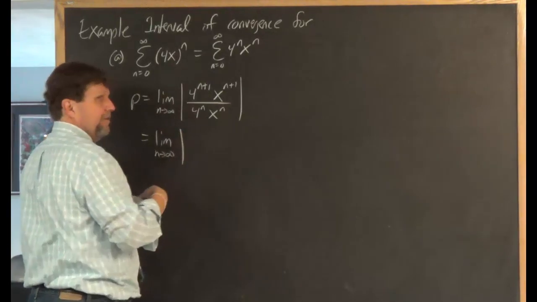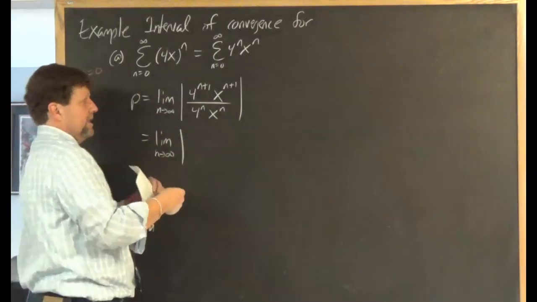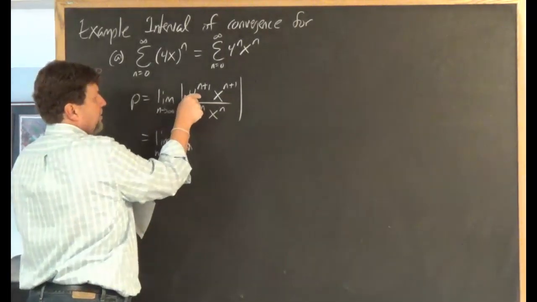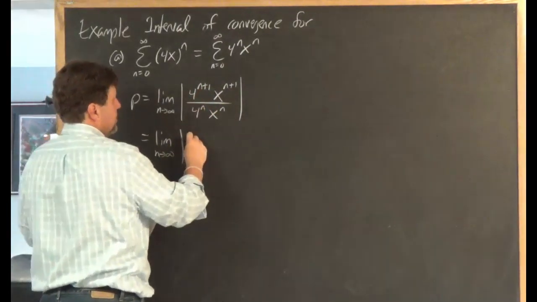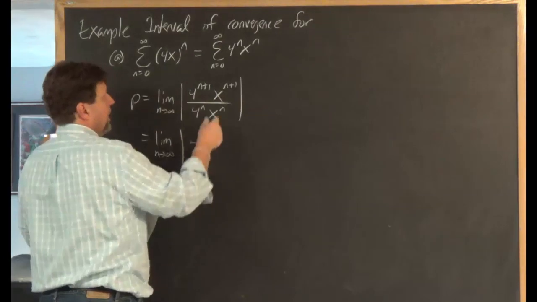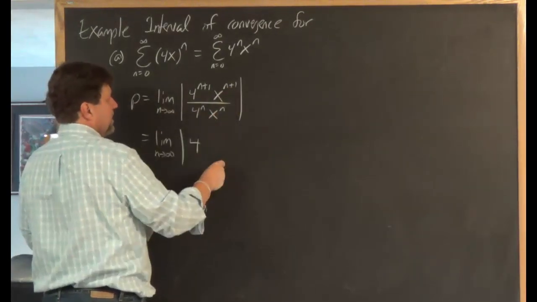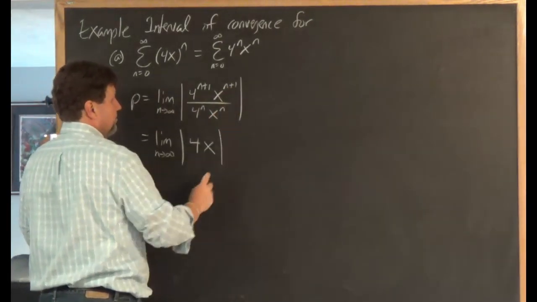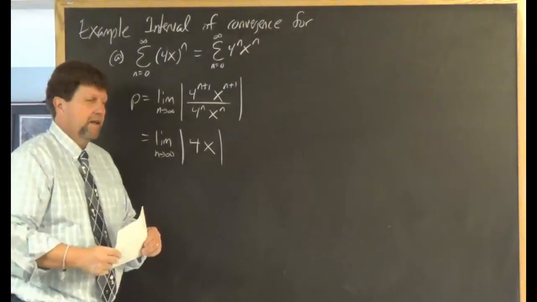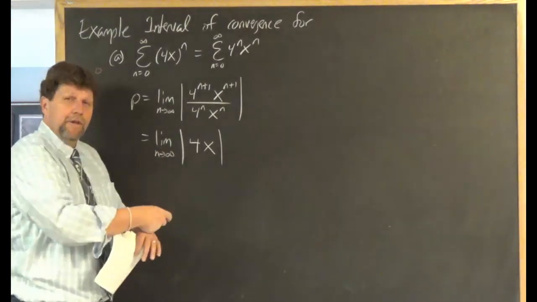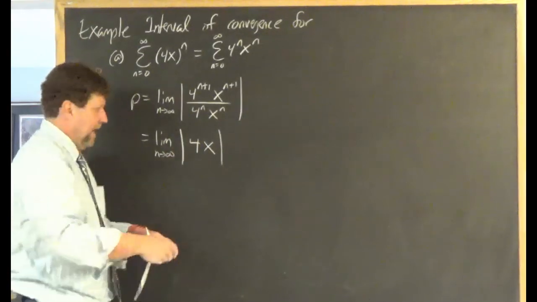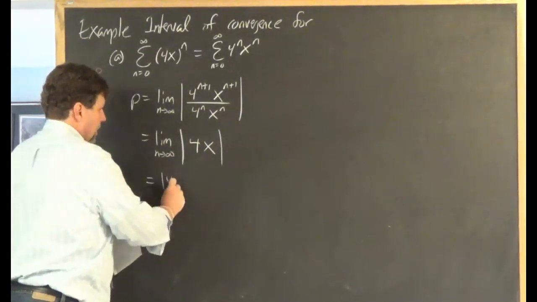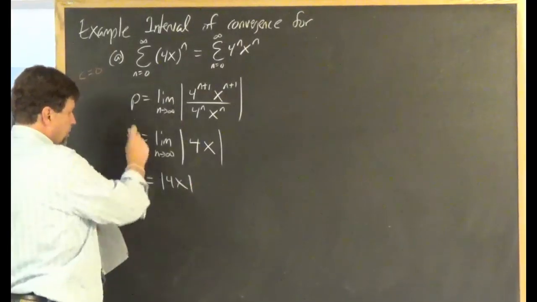I think I can just simplify this without splitting it into separate fractions. 4 to the n plus 1 over 4 to the n simplifies to 4. X to the n plus 1 over x to the n simplifies to just x. So the limit as n goes to infinity of absolute value of 4x. It's just absolute value of 4x. So folks, that's what P is.